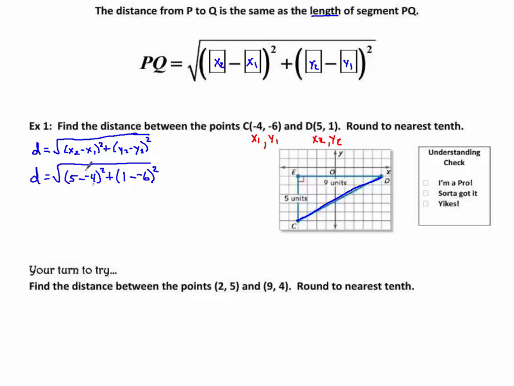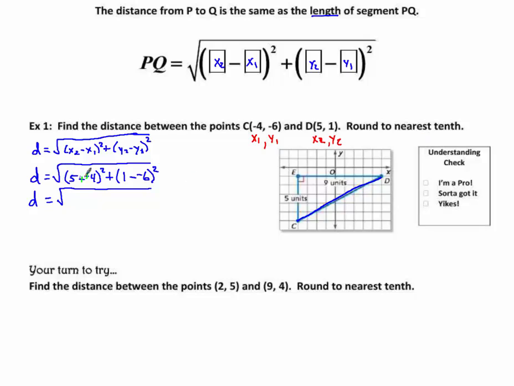Now we're going to take everything under this radical. If y'all remember, this is called a radical. Some people call it a square root symbol. And we are going to combine it all and squeeze it together and make this very simple problem very quickly. So we keep on writing d equals the square root. Now, inside this radical here, 5 minus negative 4, two negatives make a positive.